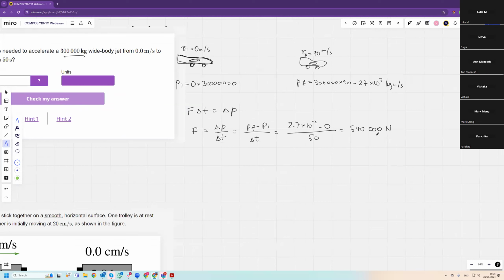What's the most powerful engine? I think it's 30 tons of force. So yeah, that's a very reasonable answer.